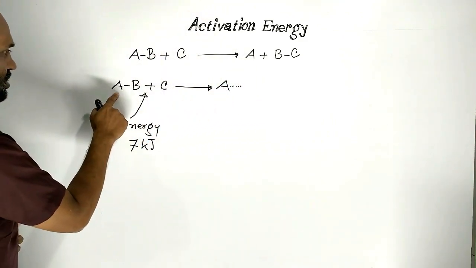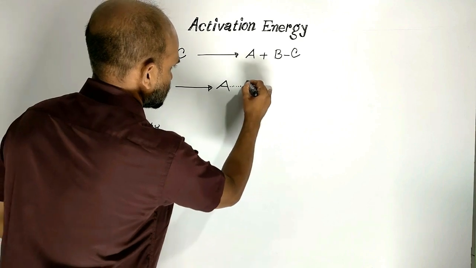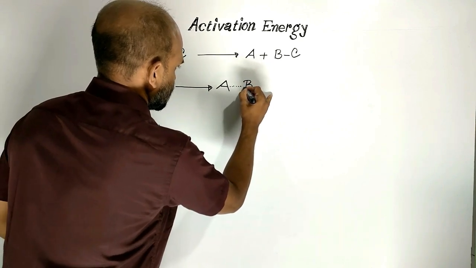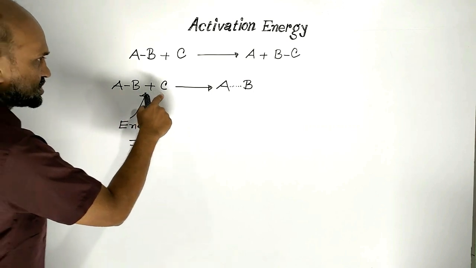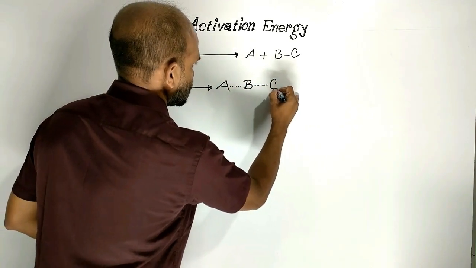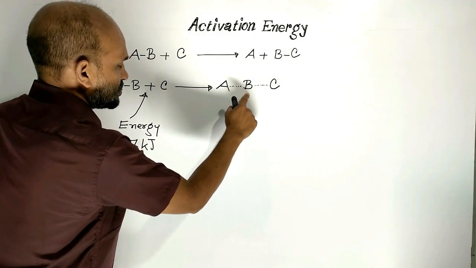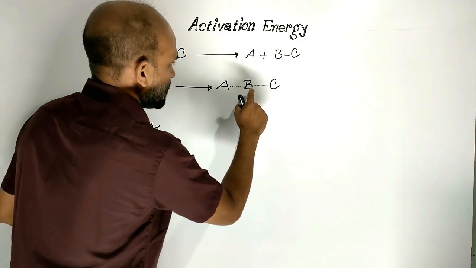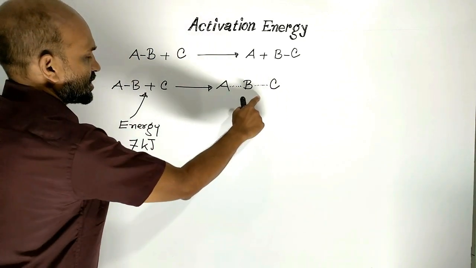Bond between A and B breaks. At the same time, bond between B and C forms. Breaking of AB bond and formation of BC bond go on at a time.